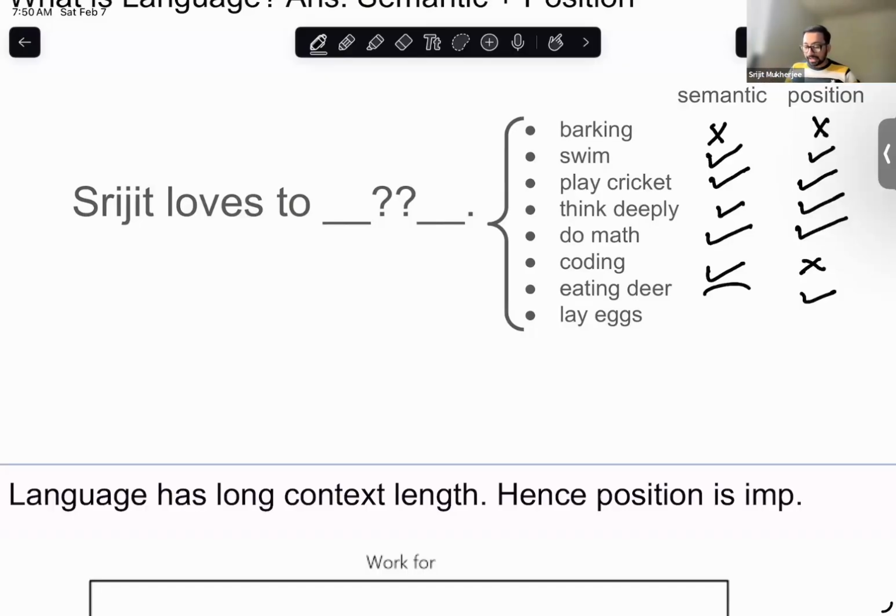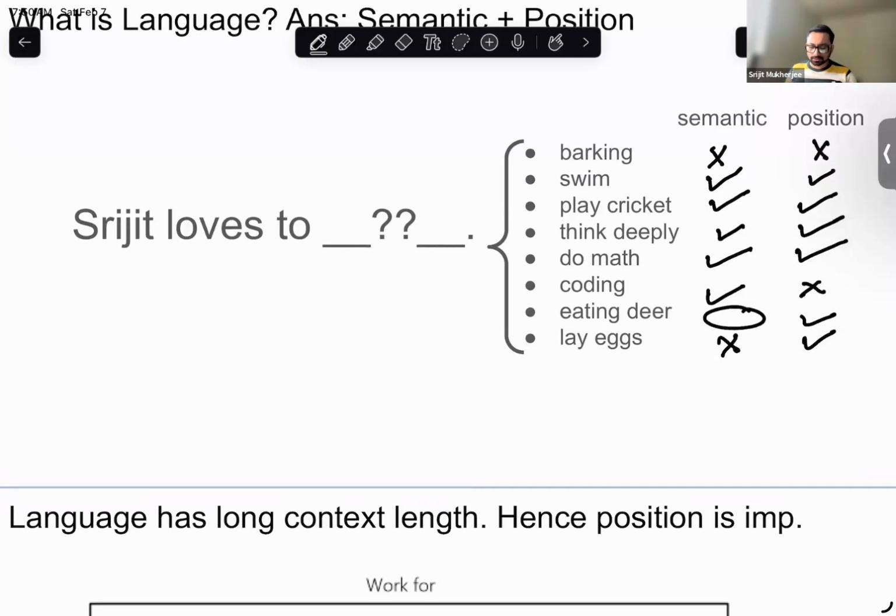Again, this depends, as I said, I want to keep it ambiguous. It depends on the data on which the model is trained. Then "lay eggs": it's positionally possible, but semantically it's not possible. Doesn't that make sense, guys? Any questions based on this?